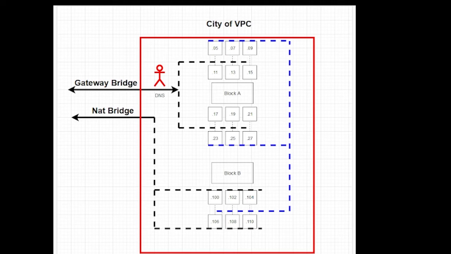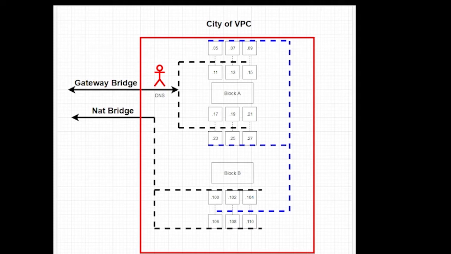And we have two bridges. One is a public bridge called a gateway bridge, and the other one is a private one called a NAT bridge. Now, when visitors come to visit the town and use the gateway bridge, they'll contact the person called DNS and say, "Hey, I'm looking for this address. I need to know where Mr. Z lives."